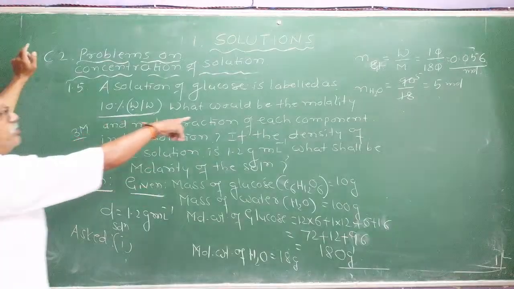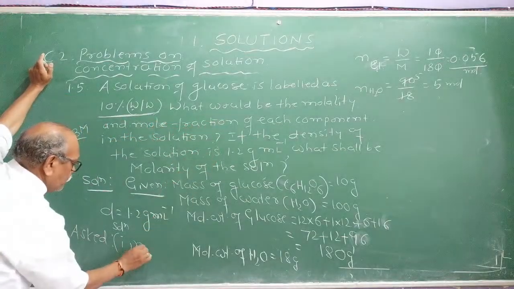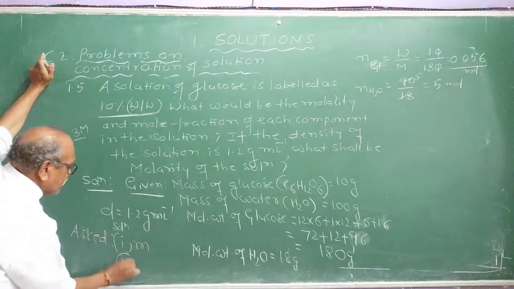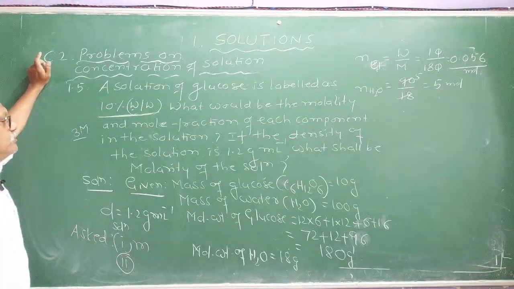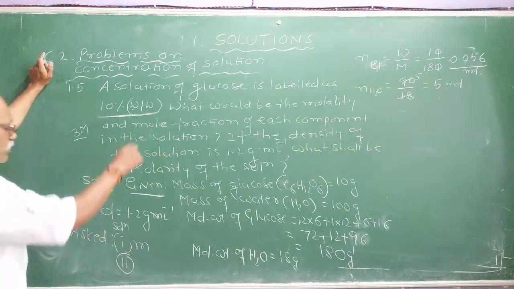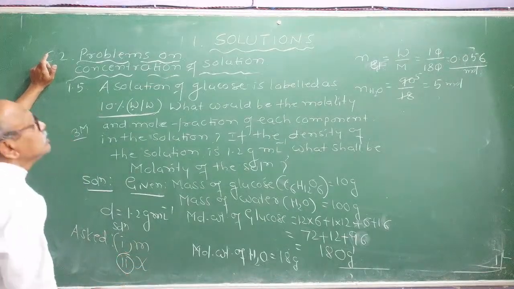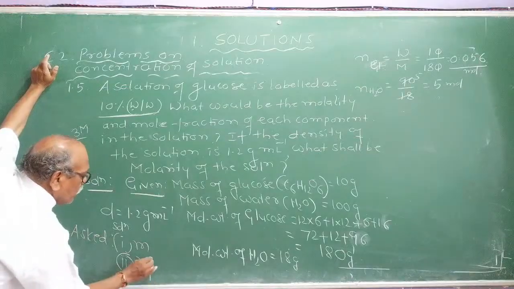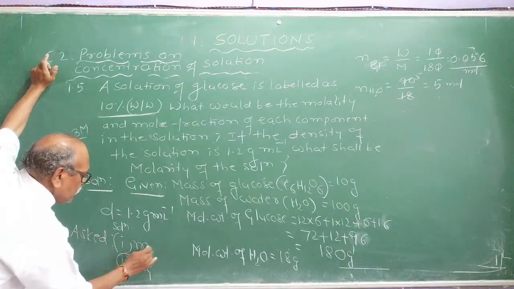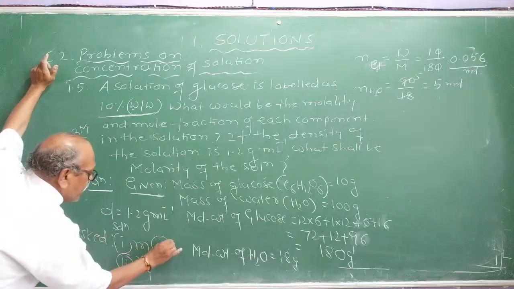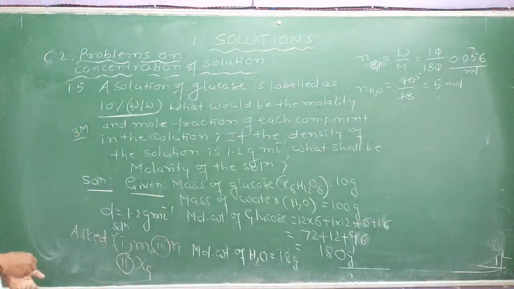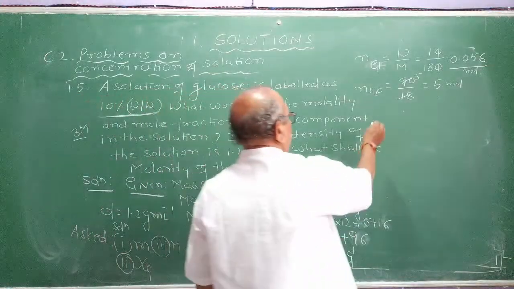First, what would be the molality, small m. Second, the mole fraction of glucose. Third is molarity. All the three are asked. First of all, we'll start with the molality.